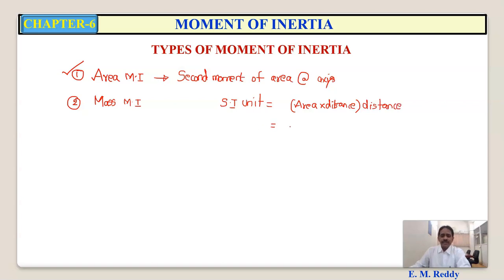So it is area into distance square. So area is measured in mm square, whereas distance in millimeters. So it is distance square. So SI unit of area moment of inertia is mm raised to 4. Understood?